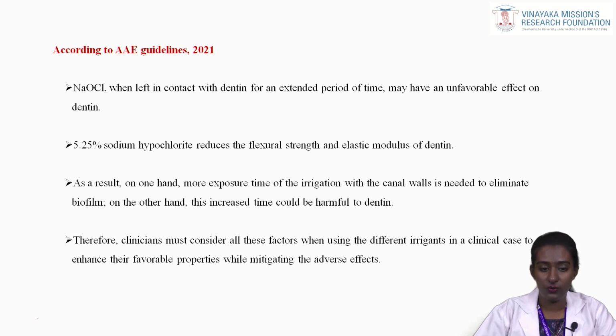As a result, on one hand, more exposure time of the irrigant within the canal walls is needed to eliminate the biofilm, and this increased time could be harmful to the dentin. Therefore, a clinician must consider all these factors when using different irrigants in a clinical case, to enhance the favorable properties while mitigating the adverse effects.